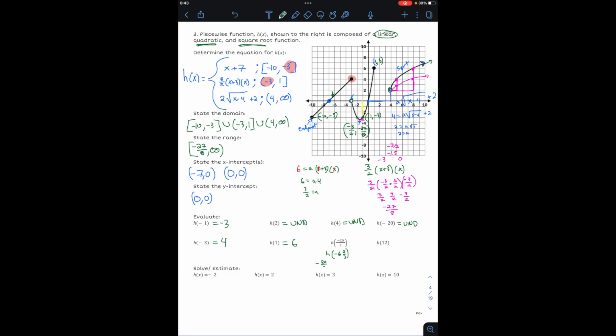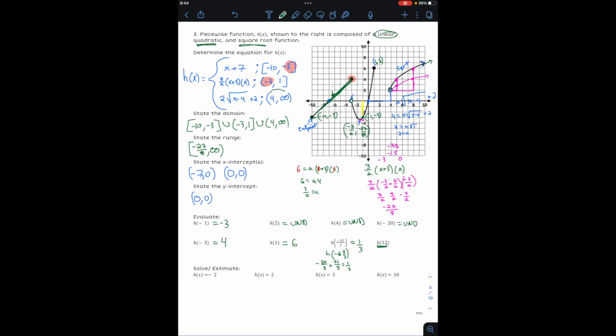So I'm going to do negative 20 over 3 plus 7, which is 21 over 3, yields me 1/3. So that equals 1/3. So the way I handled that is I looked to where is this on the line. I could have also said, like, where is it in this domain? And then I have to use the linear function because that's the part of the domain that negative 20 over 3 falls into, so we have to use the function for that part of the domain.